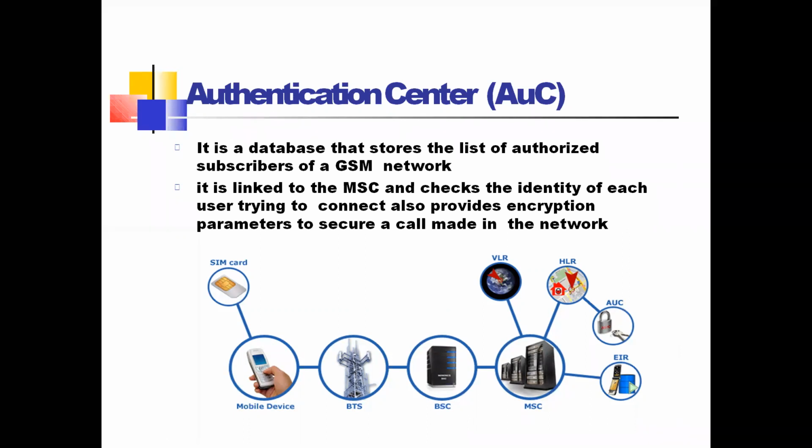It is linked to the MSC and checks the identity of the user. The authentication center AUC also checks the identity of the user and provides the encryption parameters to secure a call made in the network. That means encryption data is also available with the authentication center.